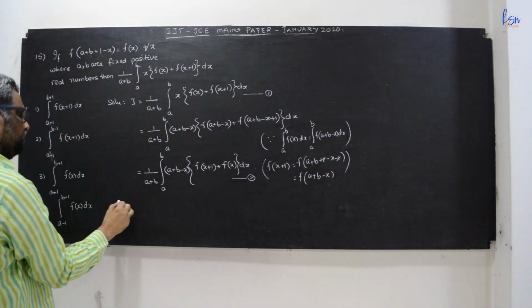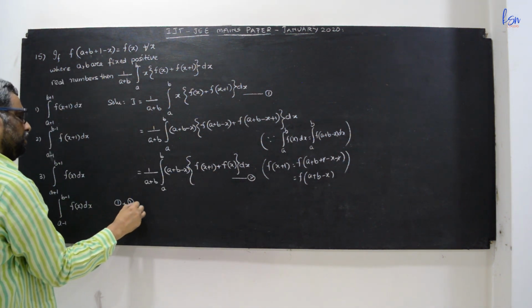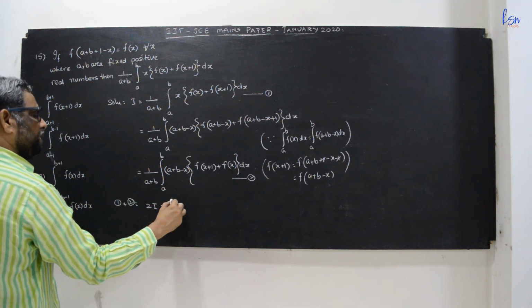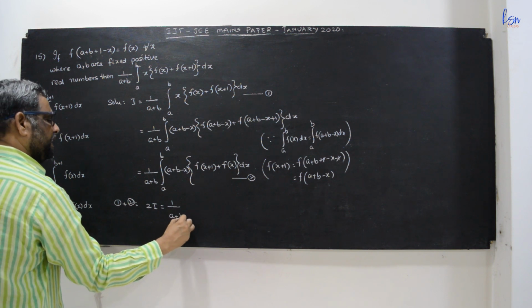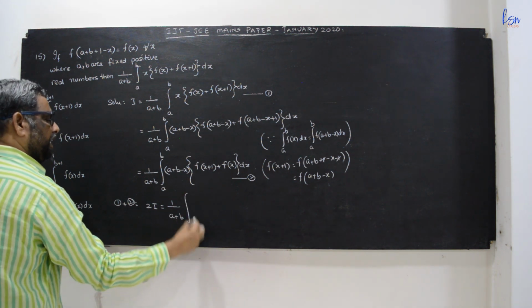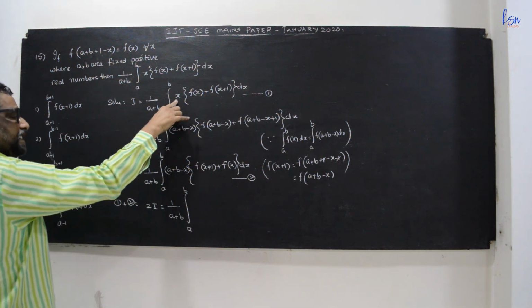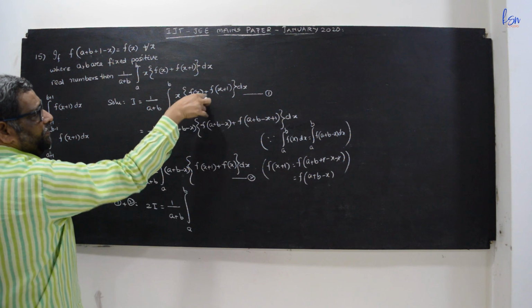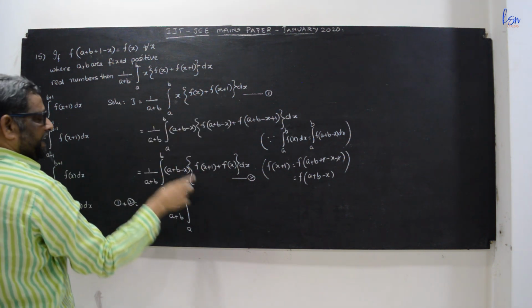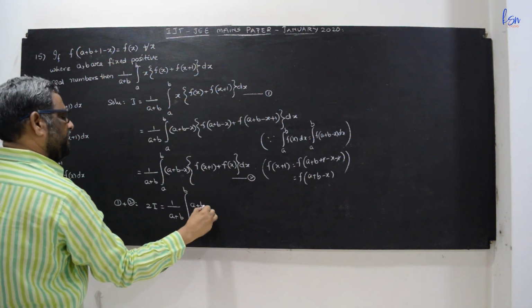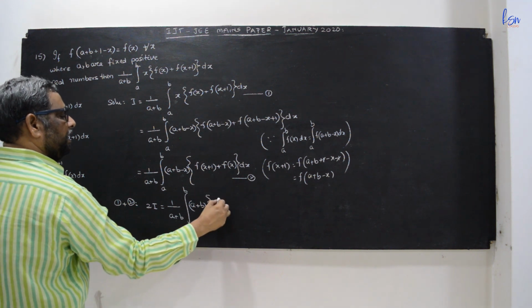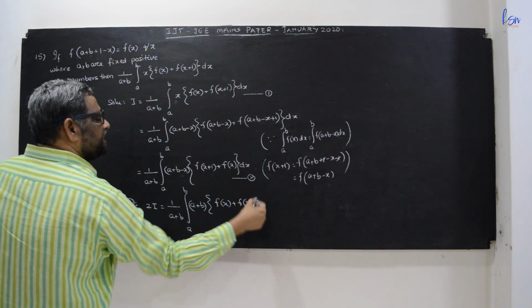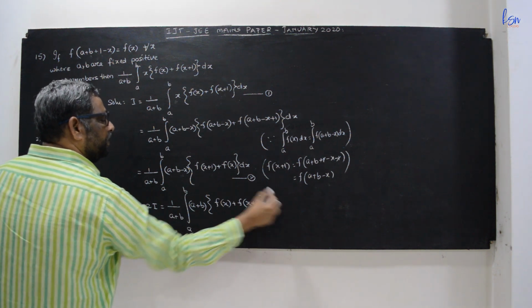Adding 1 and 2, 2I is equal to 1 by (a plus b) integral a to b, this is x plus (a plus b minus x), and f of x and f of (x plus 1) are the same, so x gets cancelled. This will become (a plus b) into integral (f of x plus f of (x plus 1)) dx.